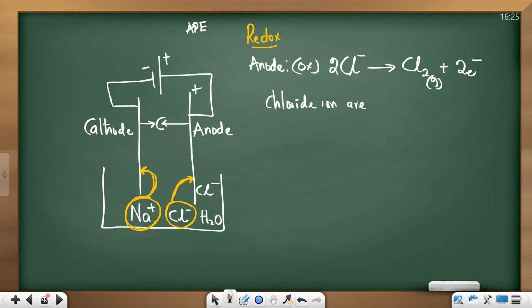Don't forget, Sophie, anode oxidation. So chloride ions are oxidized to form chlorine gas. There's a bubble there. Bubbles. That's how we know gases are formed.